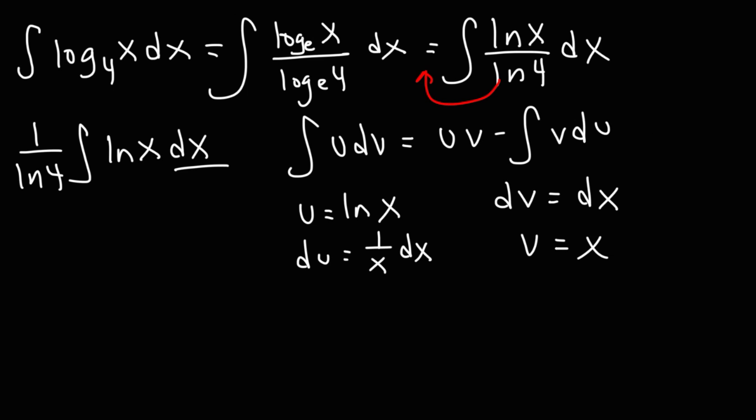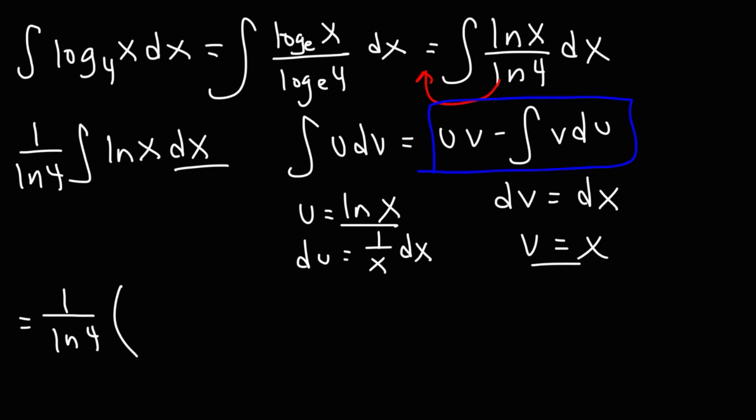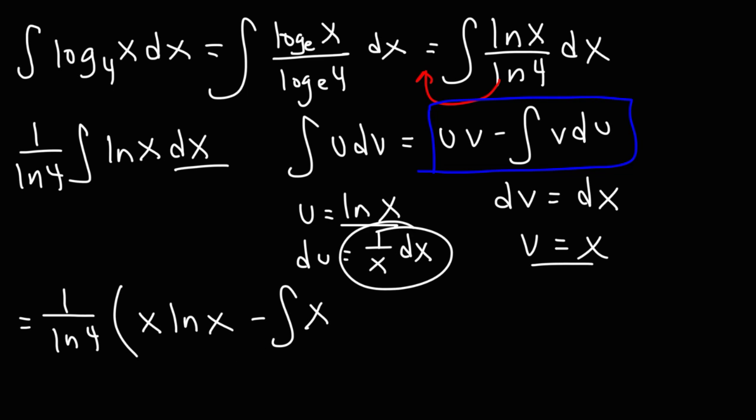So now let's use this part of the formula. This integral here is going to equal, well, first we need to rewrite this stuff in the front, and then times uv, so that's x ln x, minus the integral of v, which is x, du, 1 over x dx. 1 over x times x is just 1.